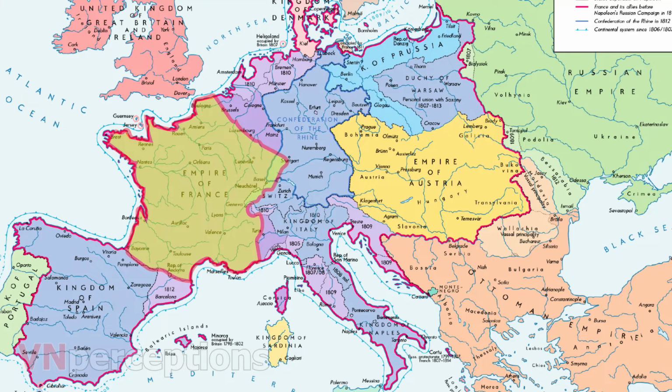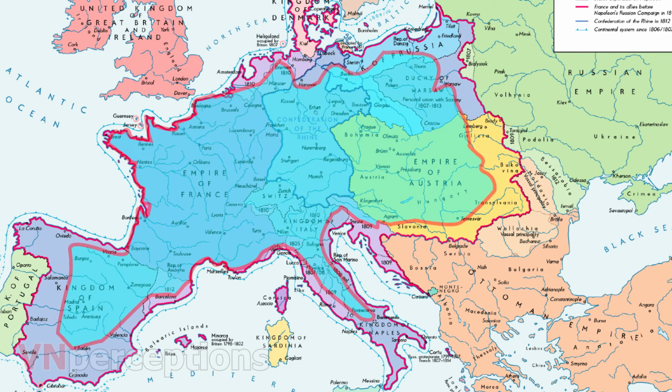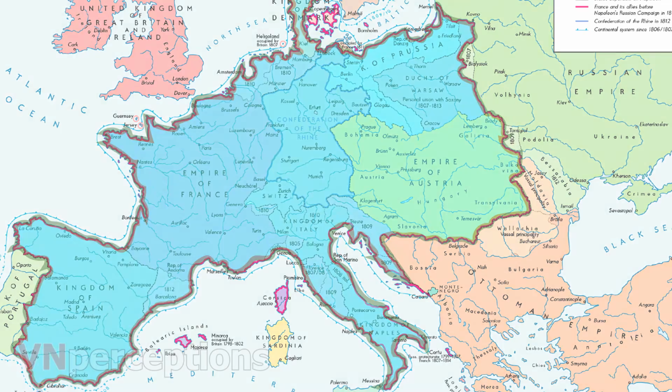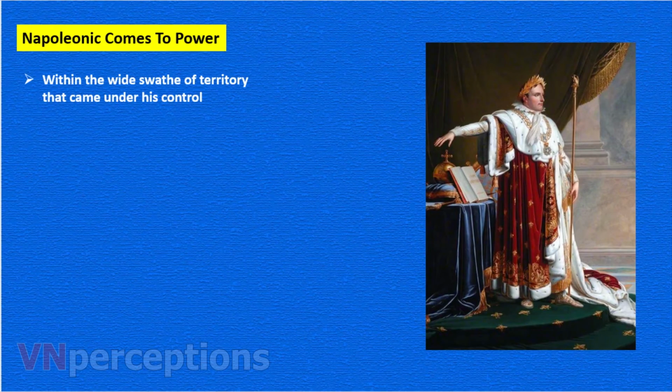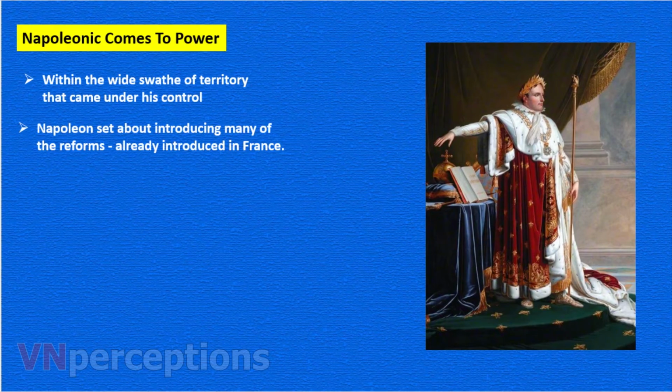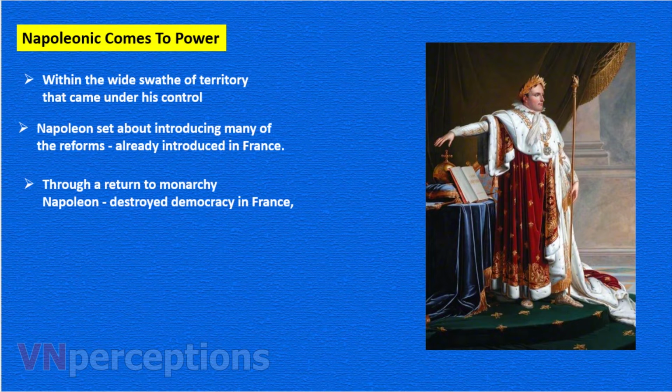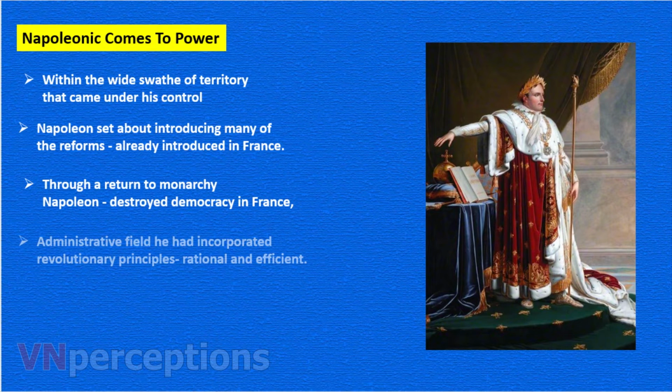Within the wide swath of territory that came under his control, Napoleon set about introducing many of the reforms that he had already introduced in France. Through a return to monarchy, Napoleon had, no doubt, destroyed democracy in France. But in the administrative field, he had incorporated revolutionary principles in order to make the whole system more rational and efficient.